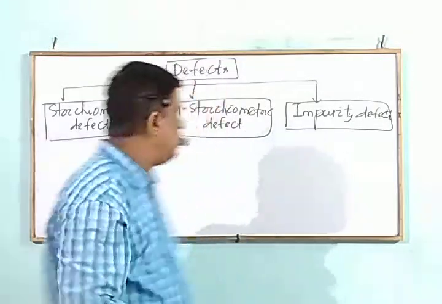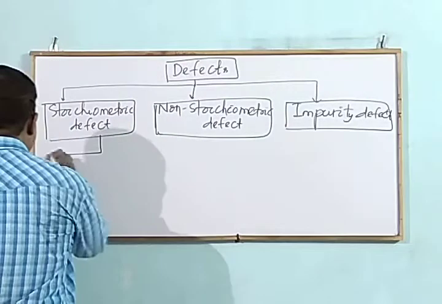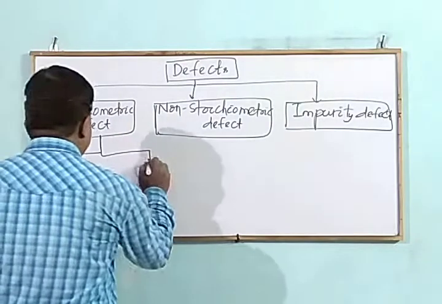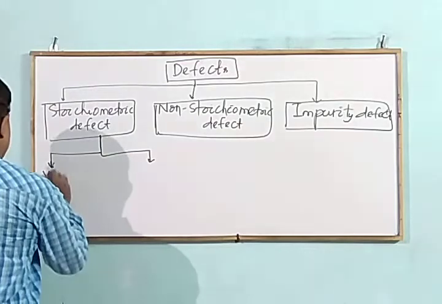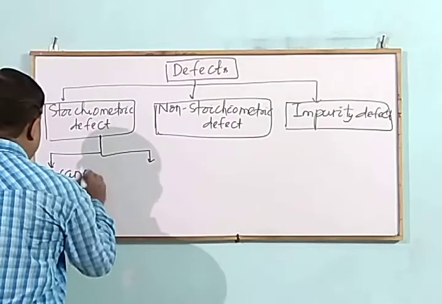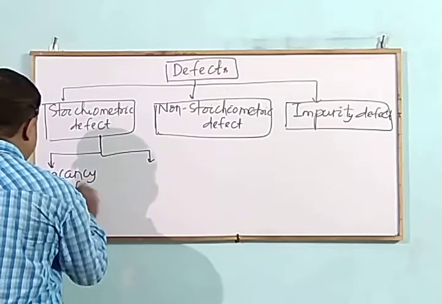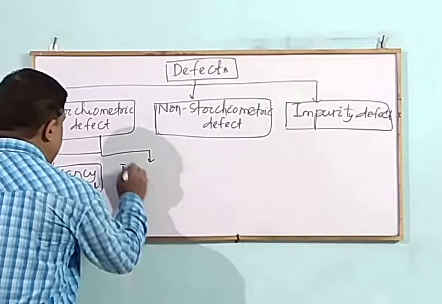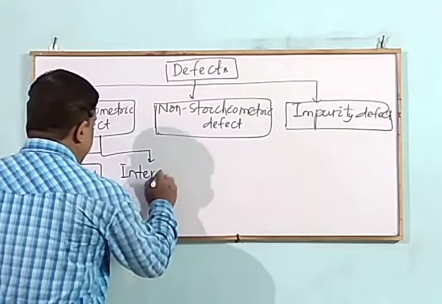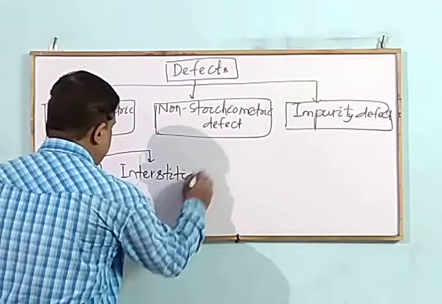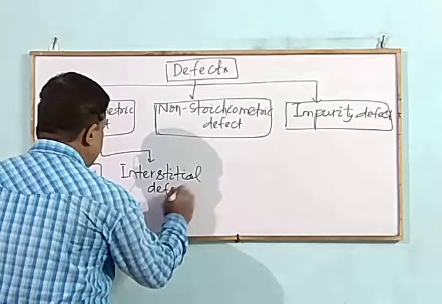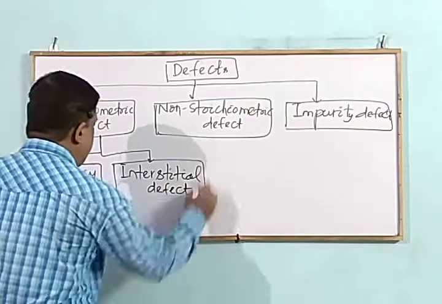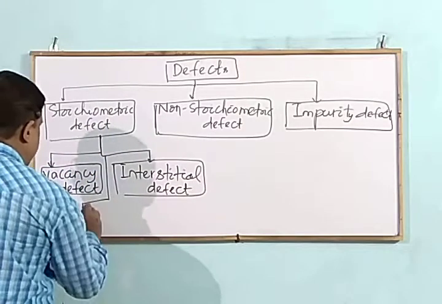Come to the first, that is stoichiometric defect. It is again of two types: one is known as vacancy defect, and one is known as interstitial defect. These two defects are for non-ionic solids.